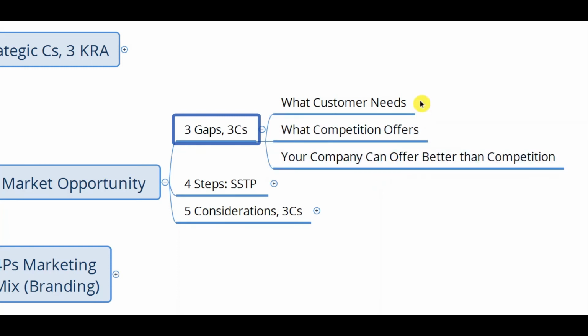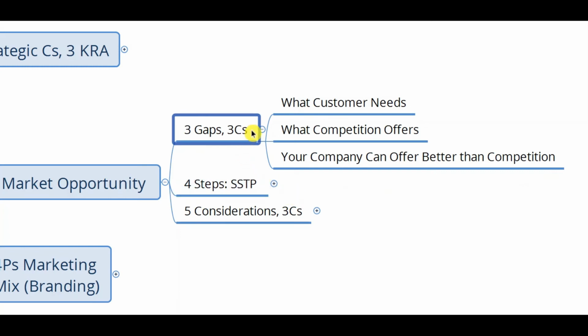There's something that the customer needs, competition offers something to address those needs, but your company can offer something better than competition. So if there's one missing element, there's no market opportunity. All three have to be present. So if your company cannot offer something better, there's no opportunity, right? So these are the three gaps which will tell you if there's a market opportunity.